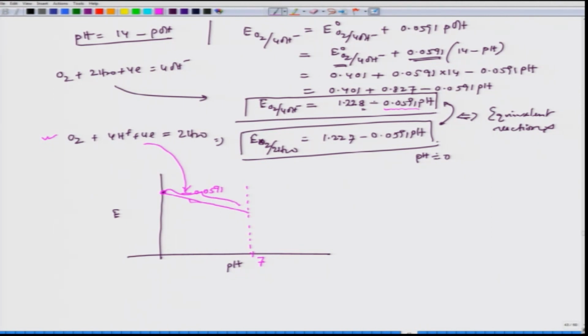Now, in the basic medium, because it involves OH minus, and also in the neutral case, these reactions happen.